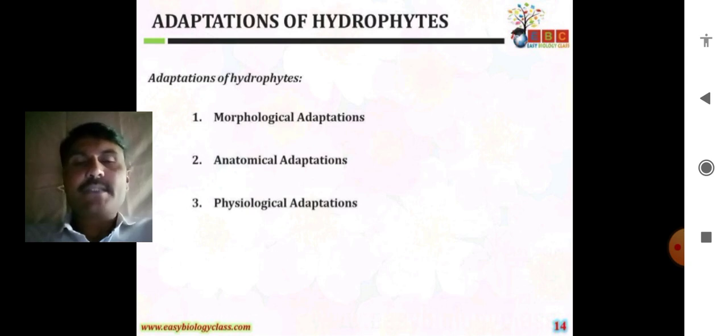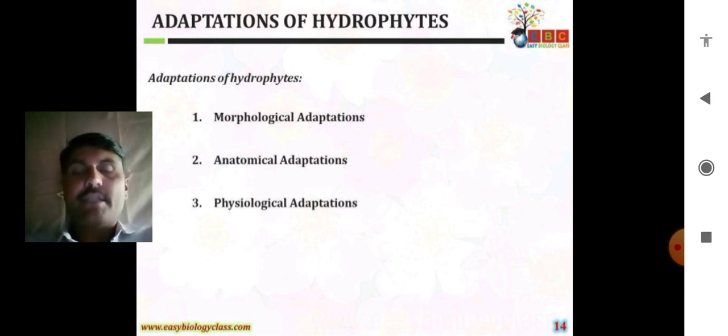What are hydrophytes? And on the basis of attachment to the substratum, how are hydrophytes divided: free floating, emergent, submerged, and so on.